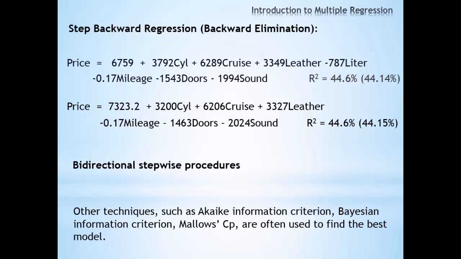While the step-forward and step-backward regression techniques described in this video used R-squared and adjusted R-squared, there are several other criteria that can be used to determine the best model. For example, Akaike's information criterion, Bayesian information criterion, and Mallows' Cp. Sequential techniques, such as the ones I've described here, have a tendency to include too many variables and at the same time eliminate important variables.